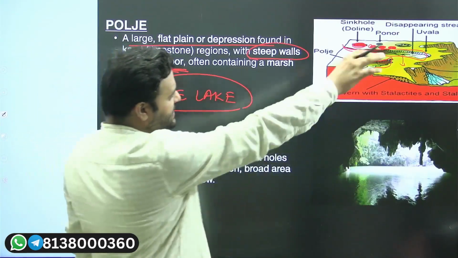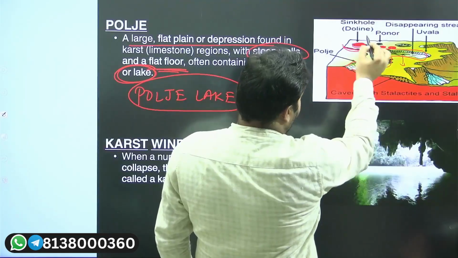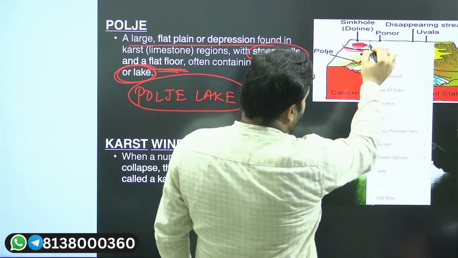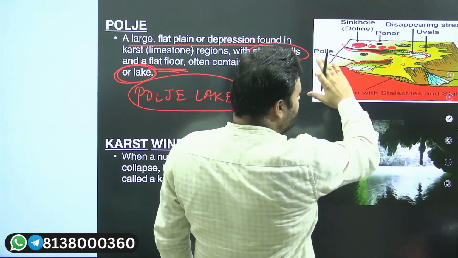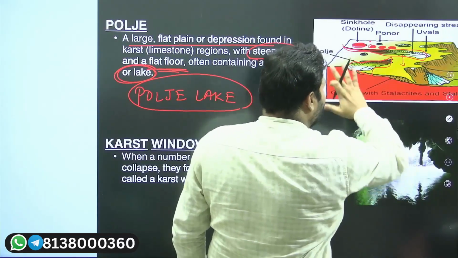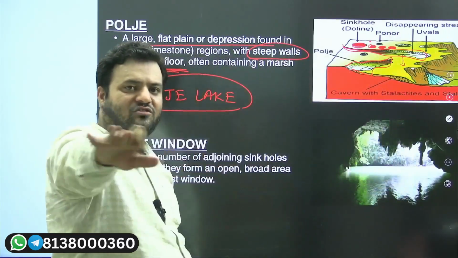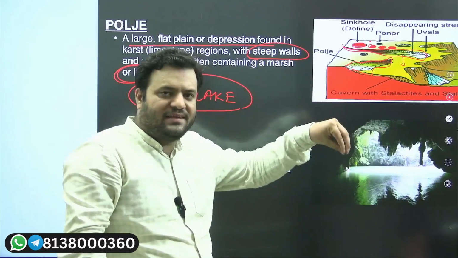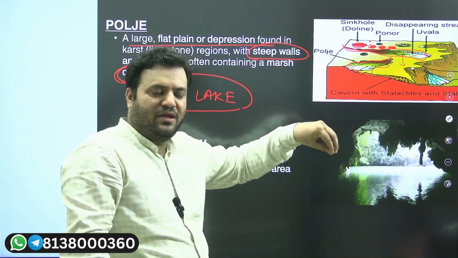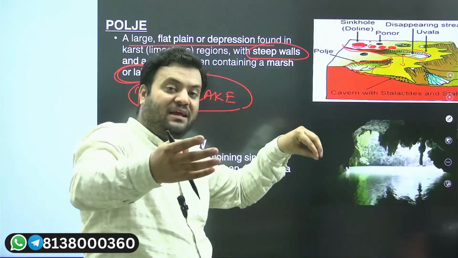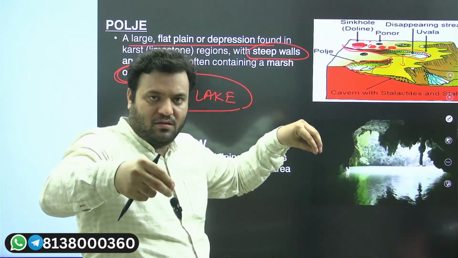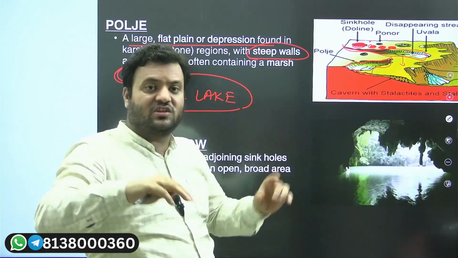Here you can see, for example, we have a sinkhole, a small hole. Now that hole might be modified, and I hope you remember this entire thing takes place on the entire limestone topography. At one place there might be a doline, there might be a sinkhole. At another place we may have the same thing, with changing nature over the time period.